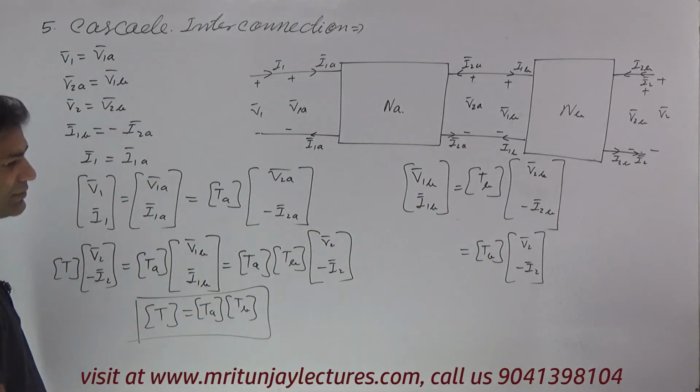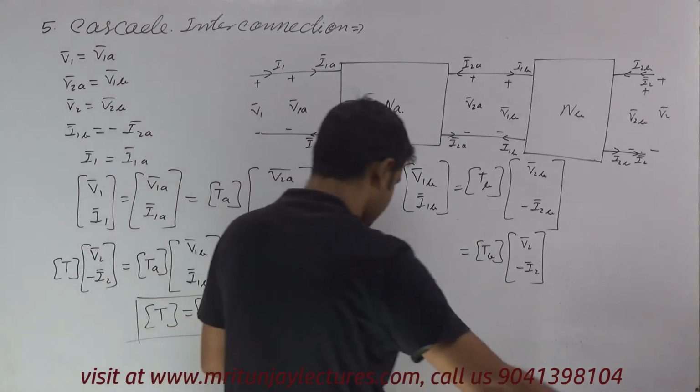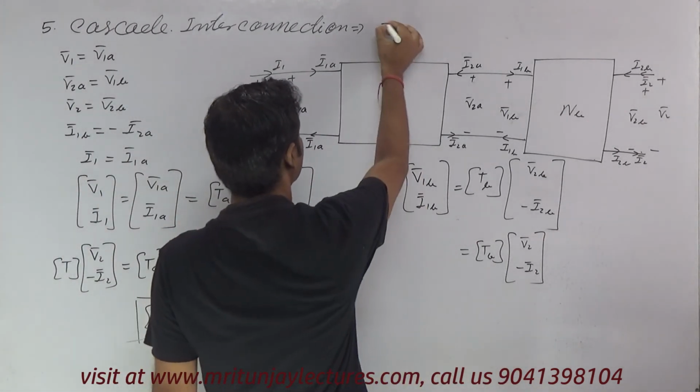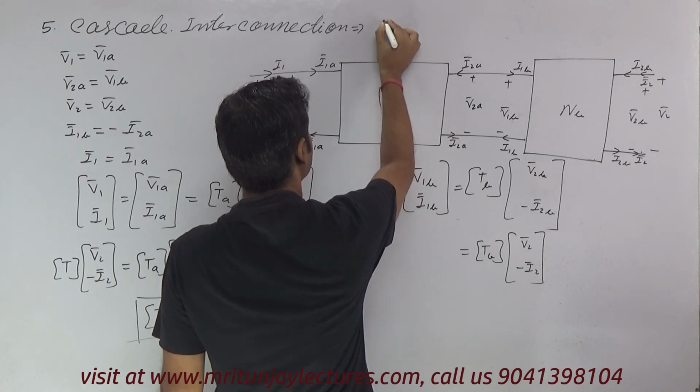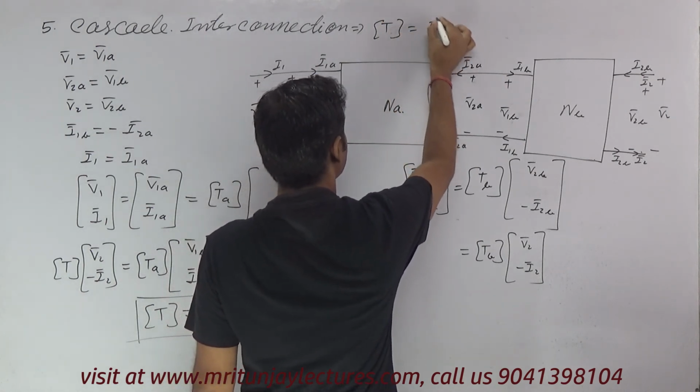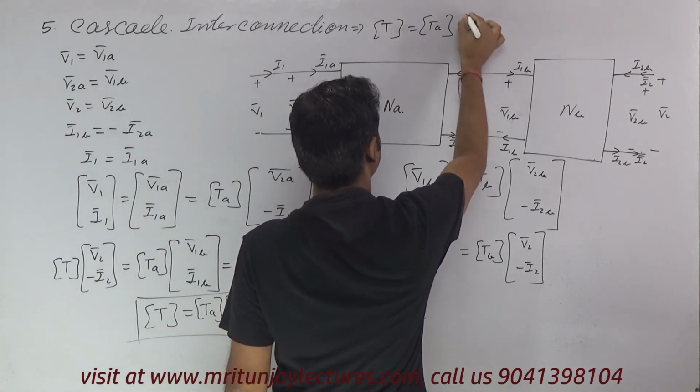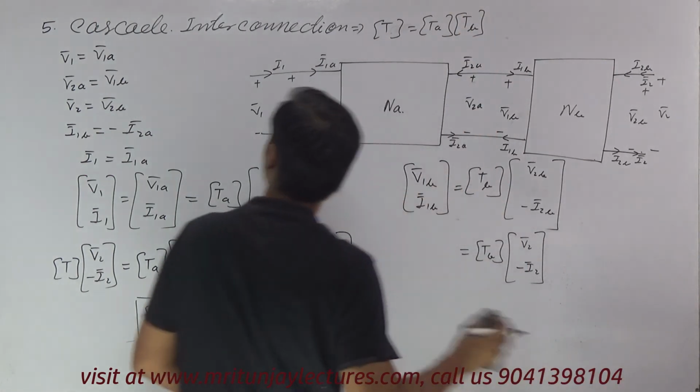We got 5 connections. If this one is a cascade connection, then we got TA and TB corresponding to this one.